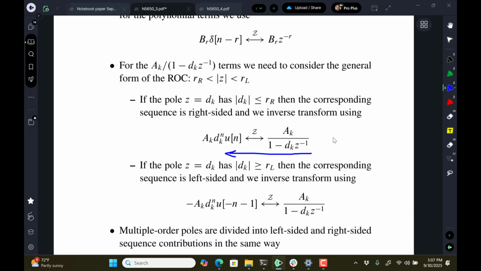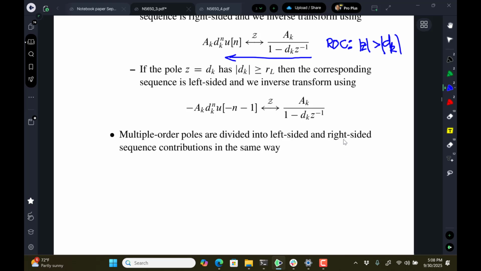Let me just write it in here. And then we also learned if we had the left-sided, it's the interior, so we know how to do that stuff.